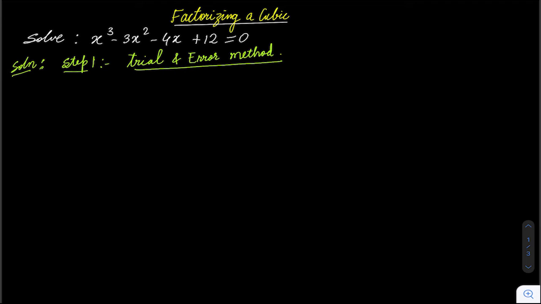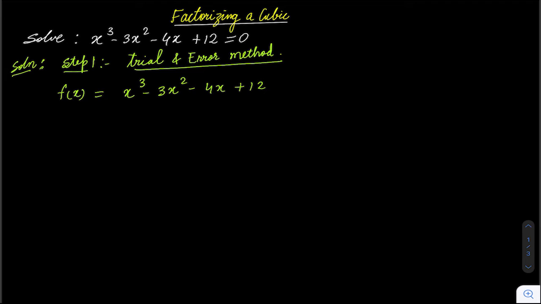Now, you have learned this in the factor theorem also. Let's take the polynomial as x cubed minus 3x squared minus 4x plus 12. If you substitute some value of x for which f is 0, then that value becomes a root of the polynomial, which in turn gives you a factor of this polynomial. That's the logic we are using.